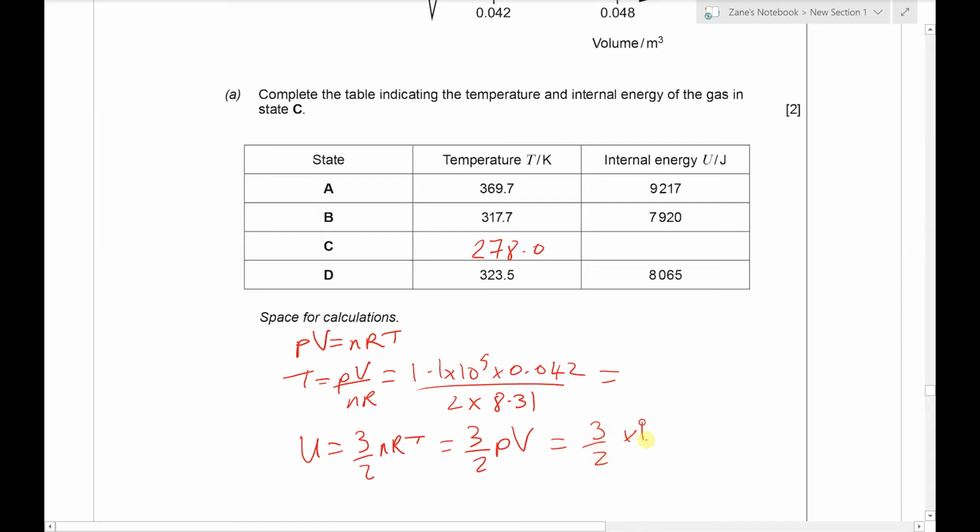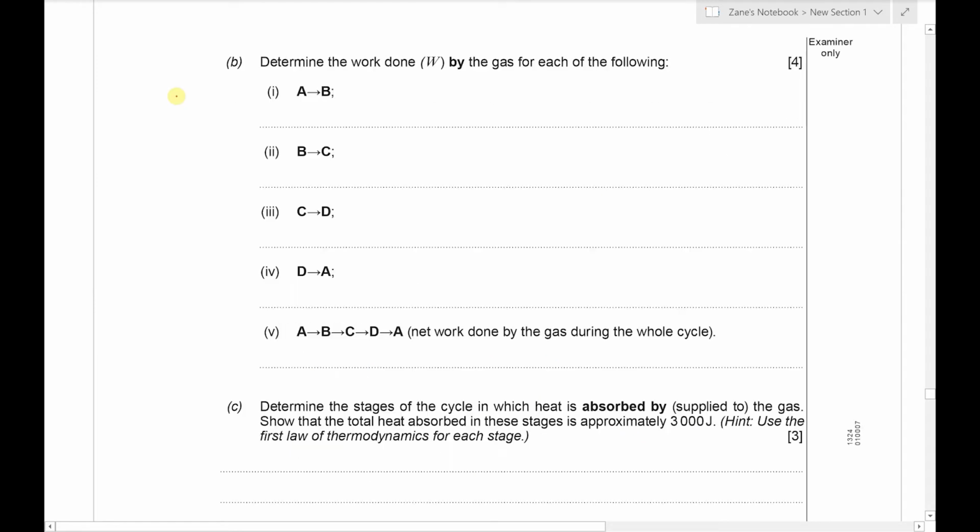So 3 over 2 times 1.1 times 10 to the 5 times 0.042. Once we put that into the calculator, we end up with 6,930 joules for the internal energy.